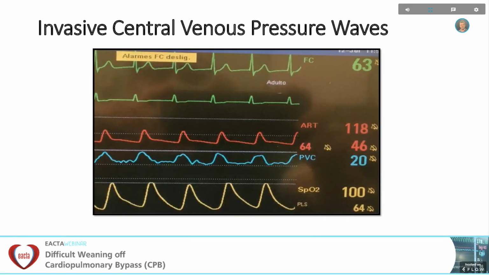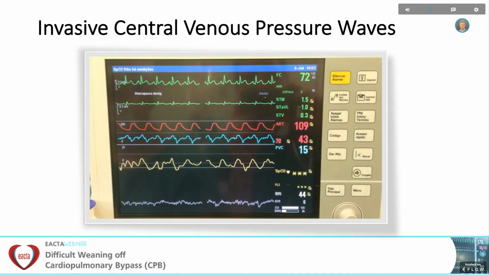Okay, we have here a cannon A wave with AV block, and we can diagnose. We have an example of pericardial constrictive disease, weaning off CPB, with large X descent waves.